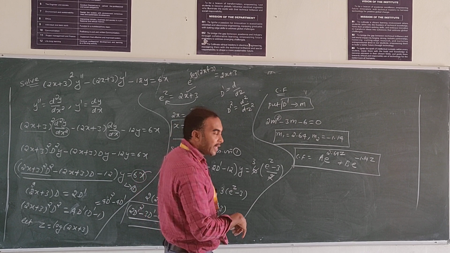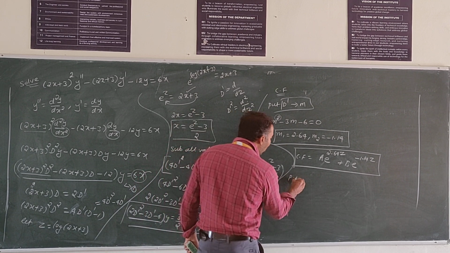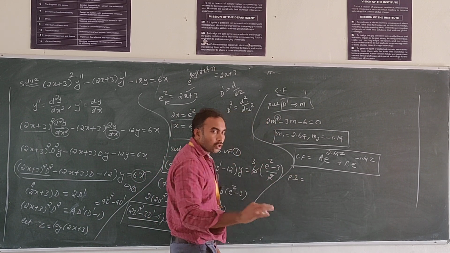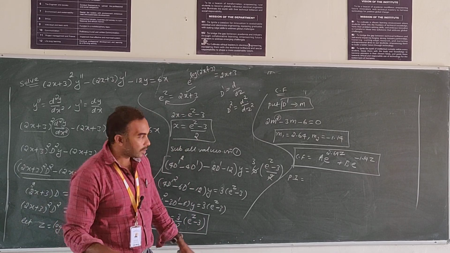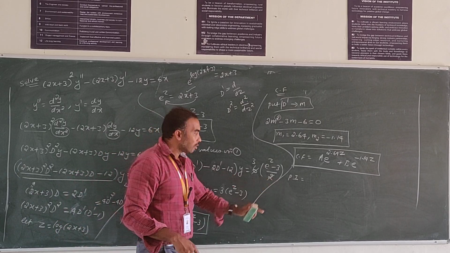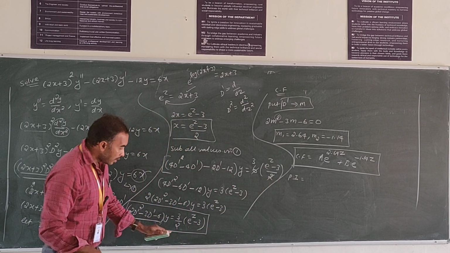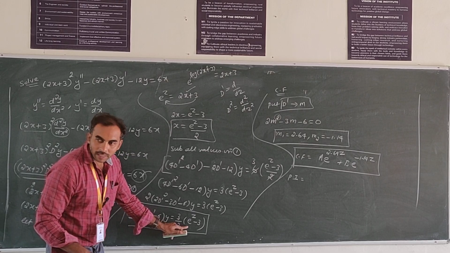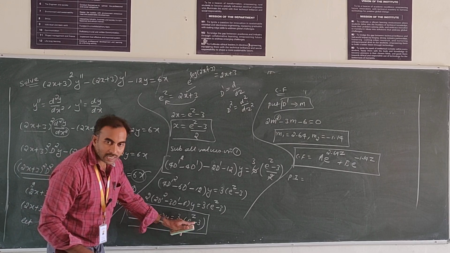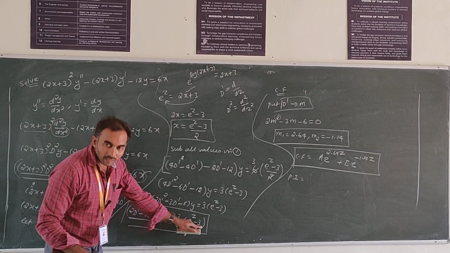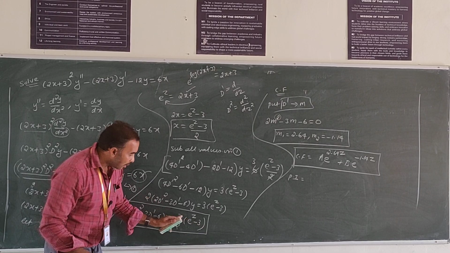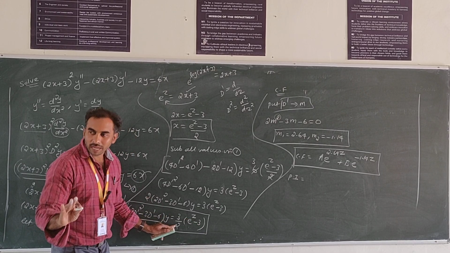Next we have to find the particular integral. Don't write, just listen. In the right hand side there are two terms. What are they? E power z, and another one, minus 3. Minus 3 by 2 is a constant term.